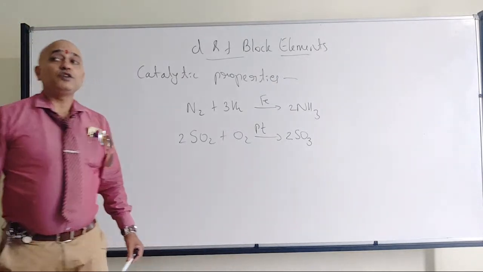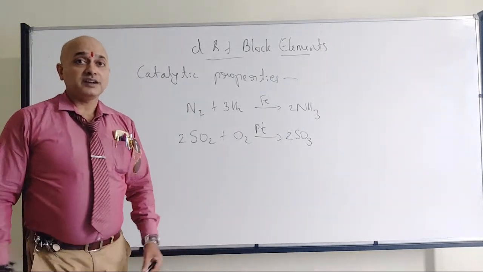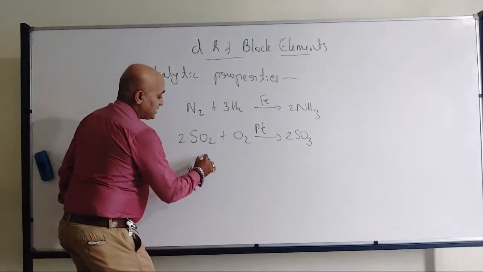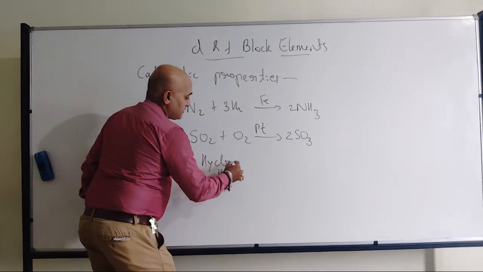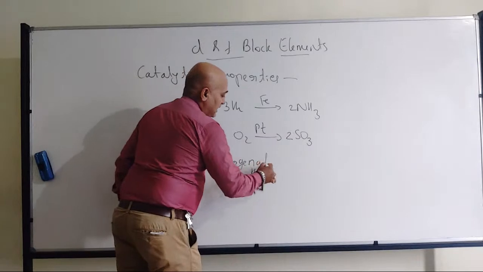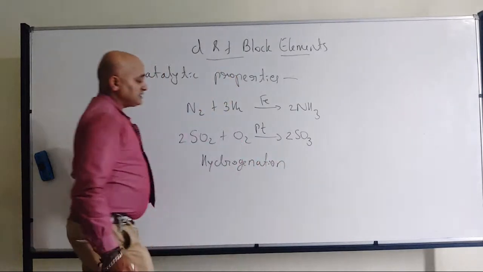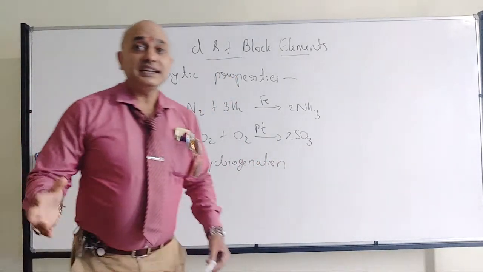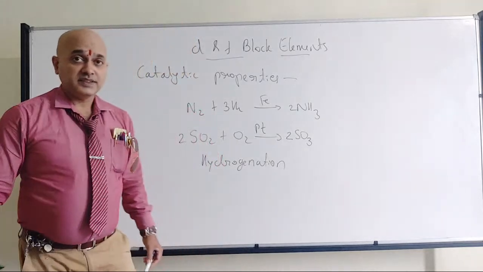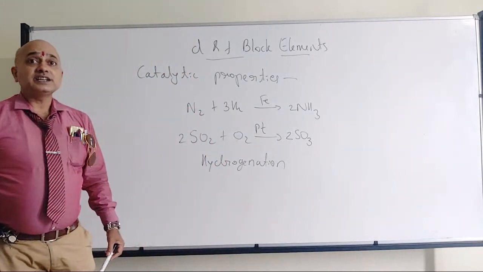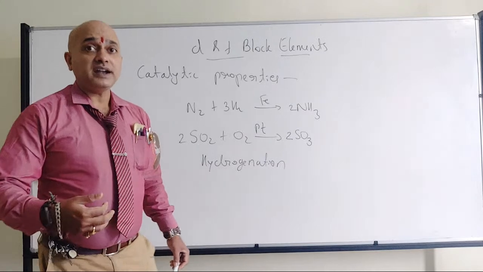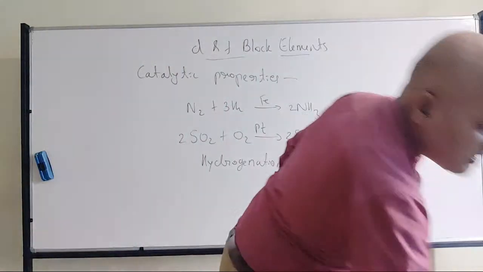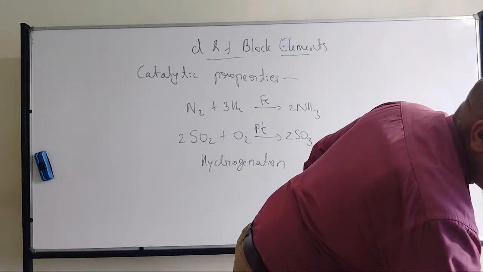In the same way, since high school you have been studying the hydrogenation process. What is hydrogenation? That is the addition of hydrogen, right? That is the conversion of unsaturated fatty acid containing oil into a saturated one. Where does it happen?